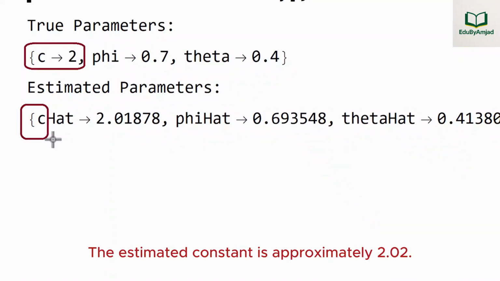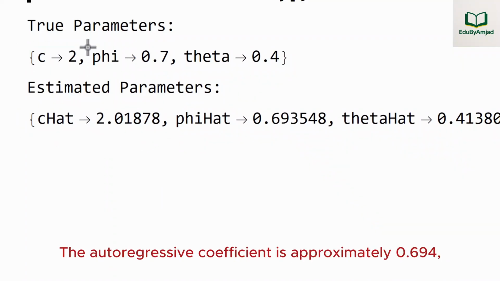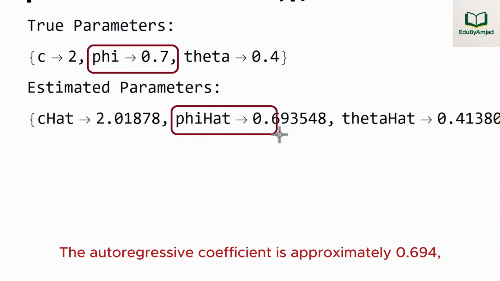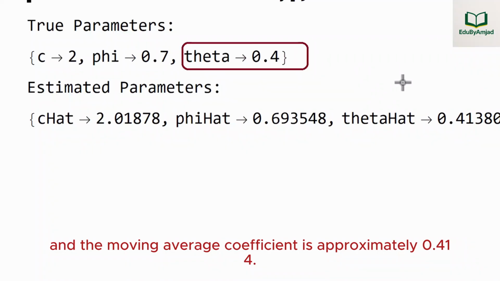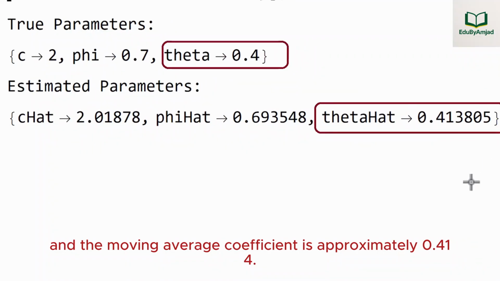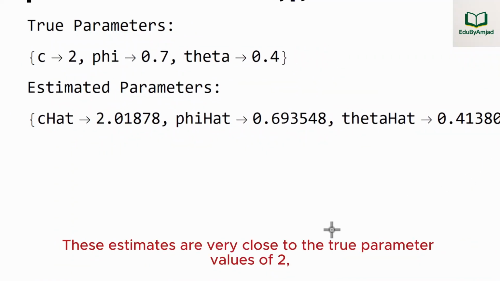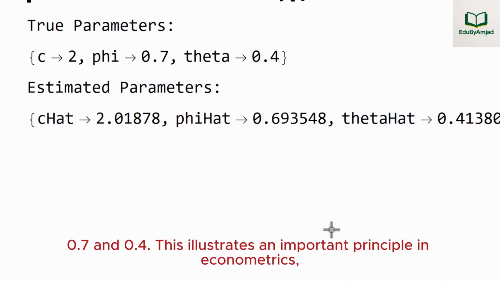The estimated constant is approximately 2.02. The autoregressive coefficient is approximately 0.694, and the moving average coefficient is approximately 0.414. These estimates are very close to the true parameter values of 2, 0.7, and 0.4.